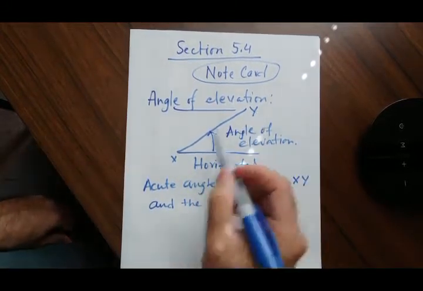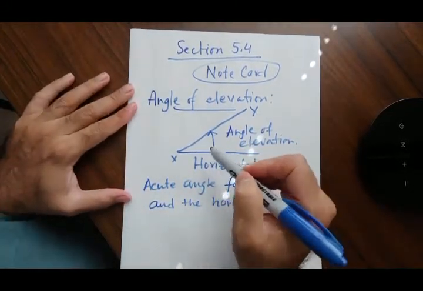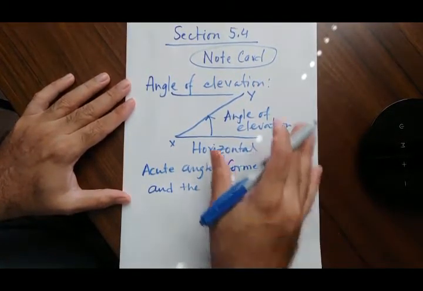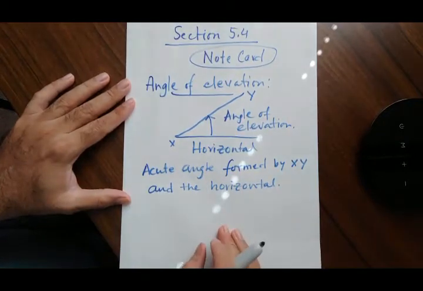So with the horizontal and the xy, the acute angle that we can see will be our angle of elevation.